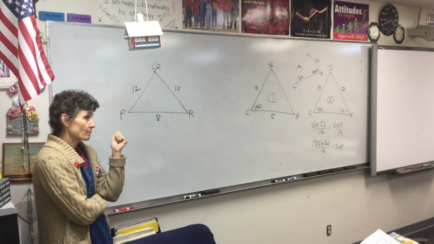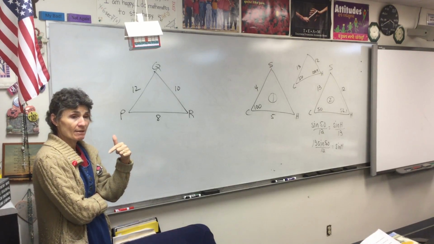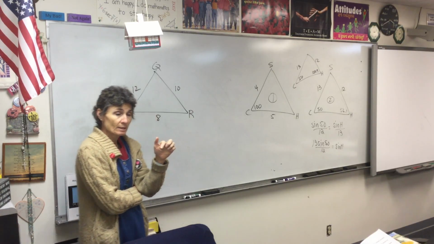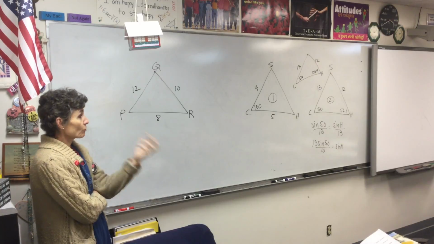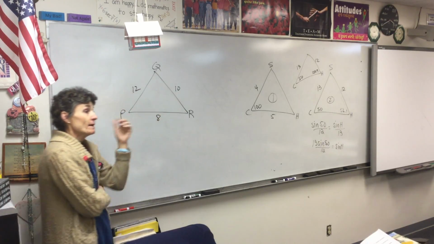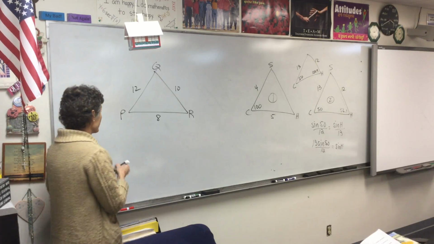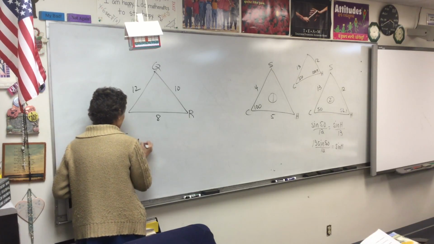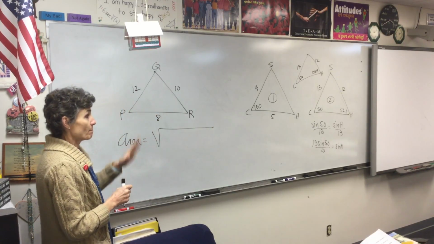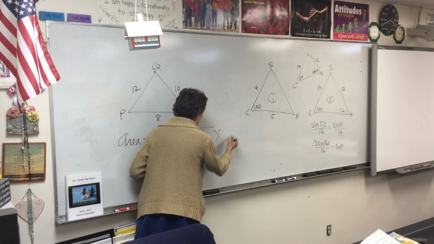I don't have it. Another ideal is to have 2 sides and the included angle. Remember, 1/2 side, side, sine. We don't have it. And the third ideal situation is to have all 3 sides. Because if we have all 3 sides, we can find the area real handily using Hero's formula, which is simply the big radical with 4 numbers inside of it.